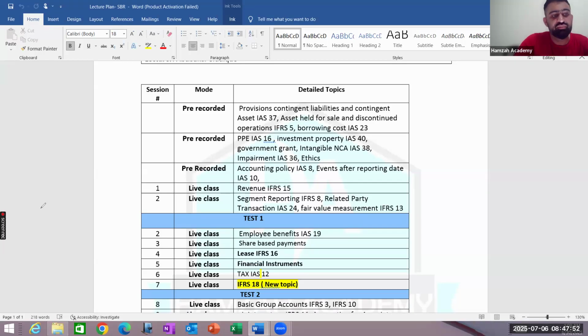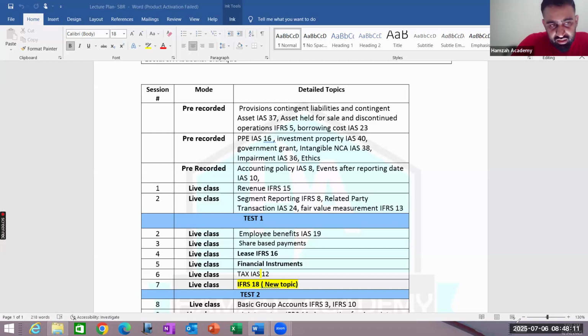Dear students, in the month of August, and it is not confirmed, but I can say it is 80 to 90% confirmed, I am keeping a 10 to 20% chance.